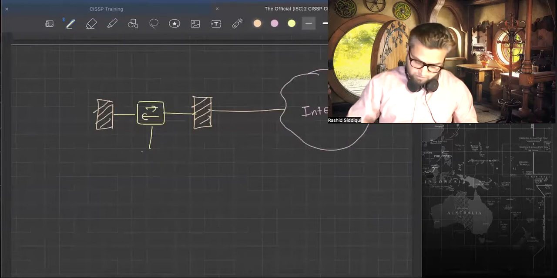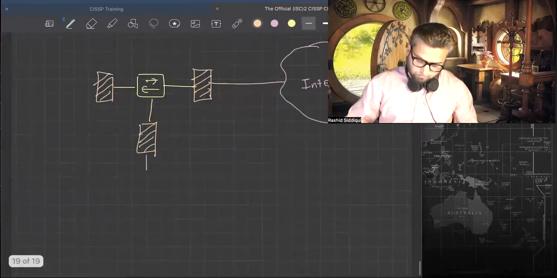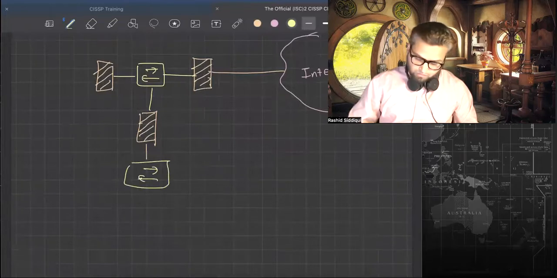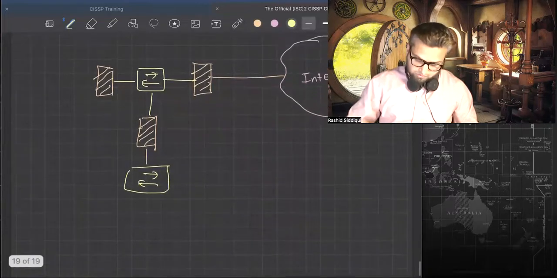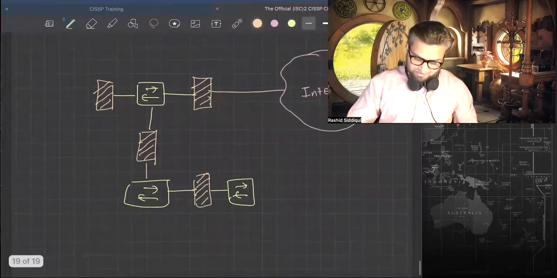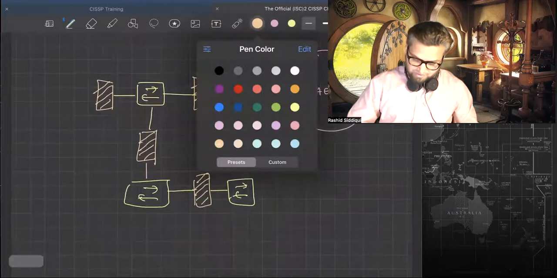And again a firewall. I will explain why I'm drawing these many boxes.